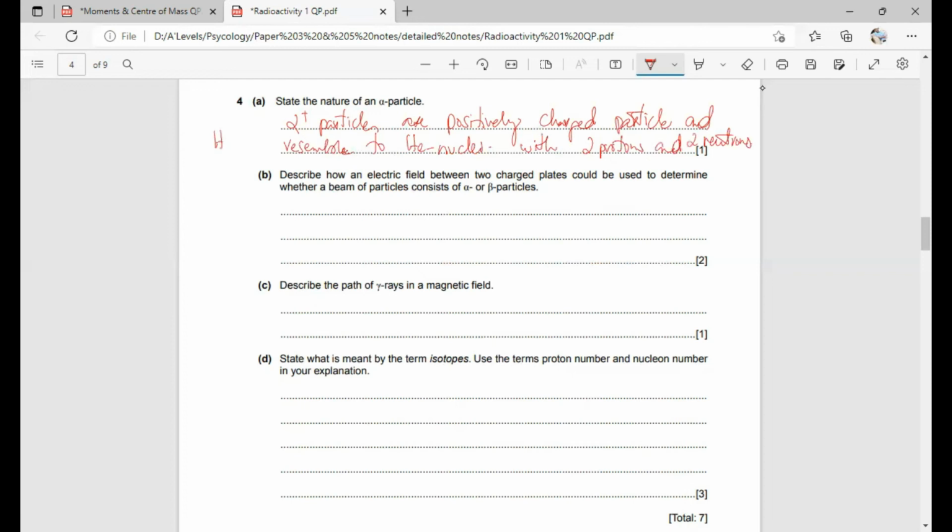You may write like this as well, helium 2 and 4. Okay.